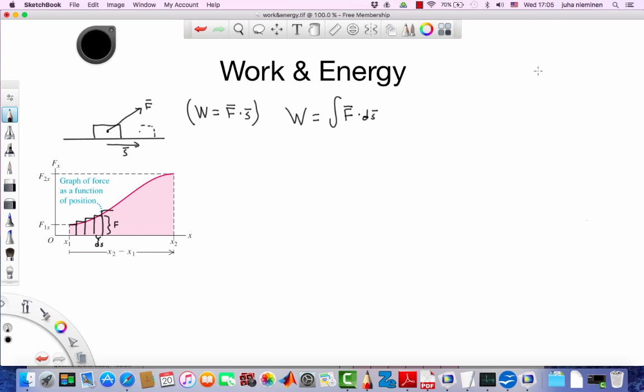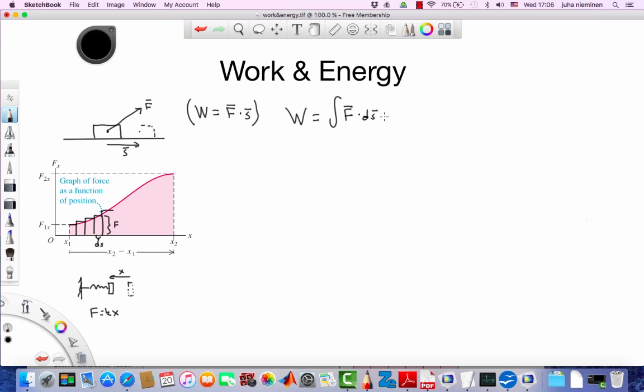And what can we do with this? Let's have an example. If we have a spring attached to the wall like this, and we push the spring in from some initial position, so there is some displacement x. According to Hooke's law, the force that we have to push the spring with is equal to kx. k is a proportionality constant called the spring constant.